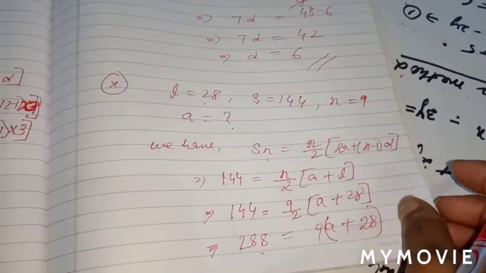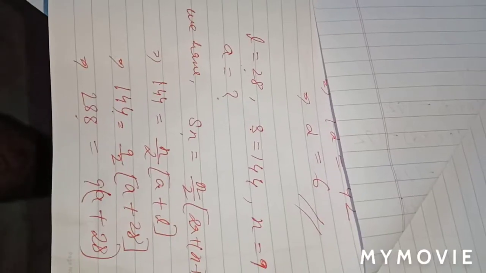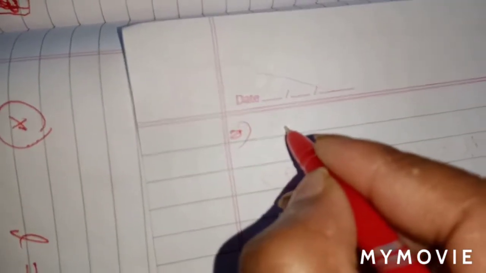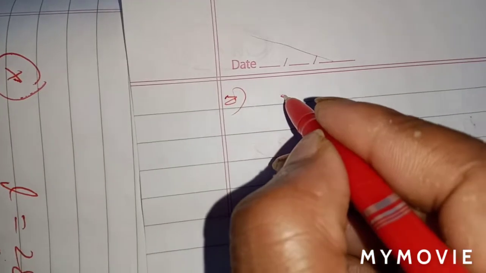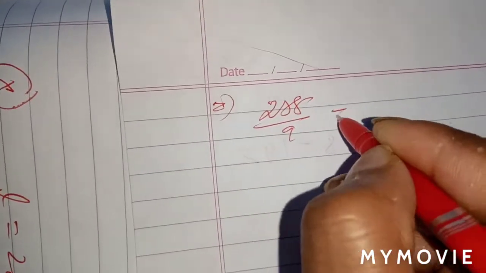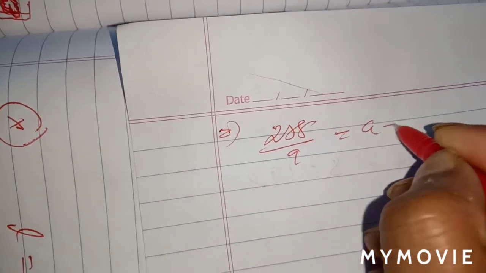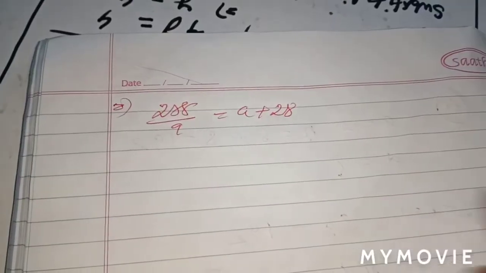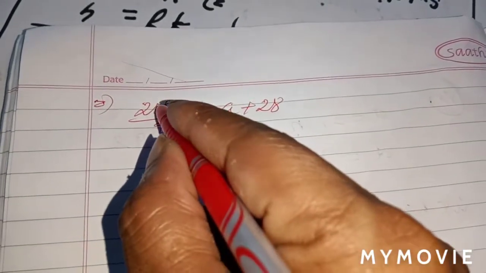What you got: 288 equals 9 times (A plus 28). So if you transfer 9 to this side, then 288 divided by 9 is equal to A plus 28.